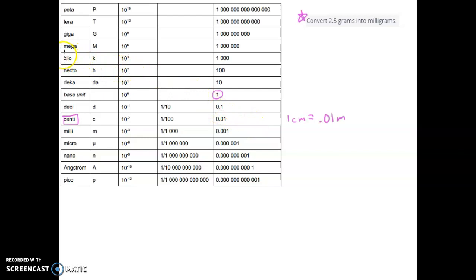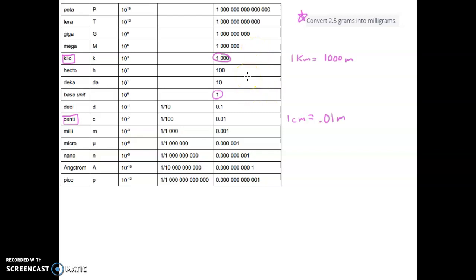Another common one is kilo, as in kilometer. If I have 1 kilometer, that means I actually have 1,000 meters.